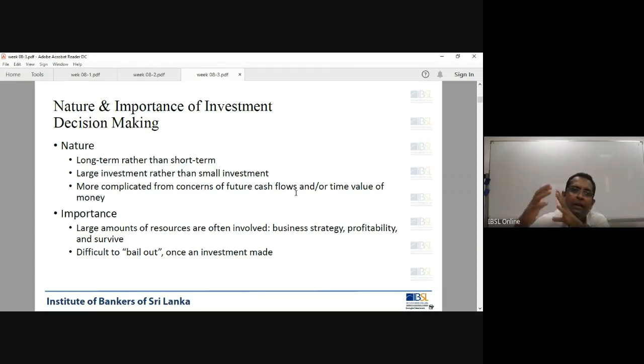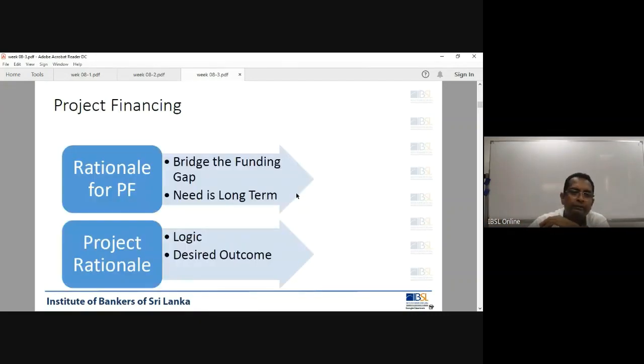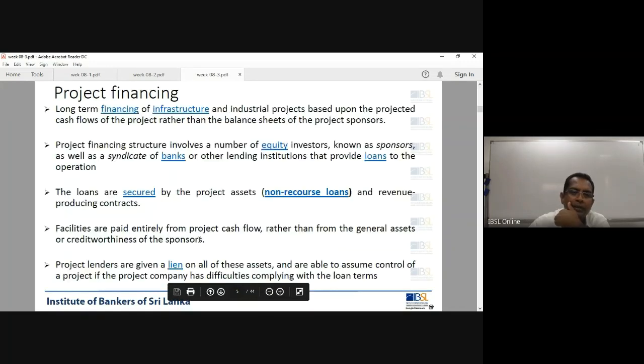Bigger investments like that we are talking about under project financing, right? Why we need PF is that it bridges the funding gap and the need for long term. The logic is, project rationale means the logic and the outcome we require. This is the definition for project financing.